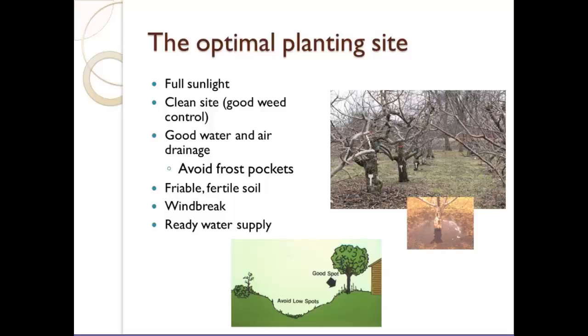Again, those should be in your planning cycle: do I have a ready water supply in case of a drought situation? Or if you're growing something like a strawberry crop where you're going to have to do something like frost irrigation.